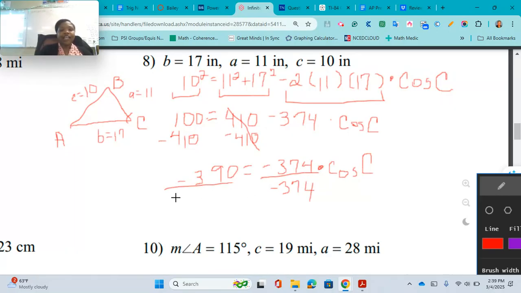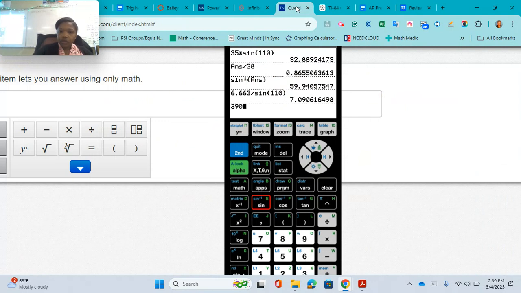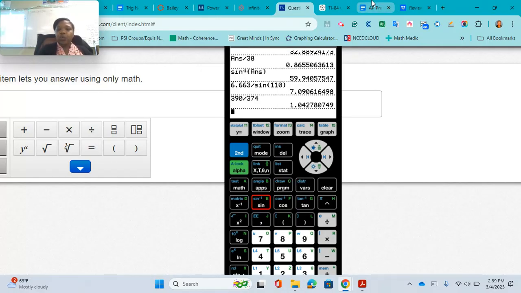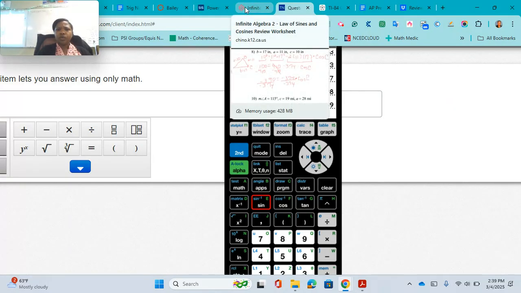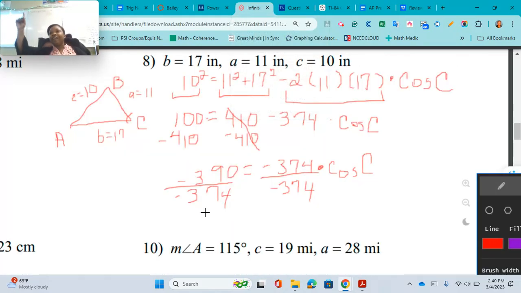We know that a negative divided by a negative is a positive. So all I have to do is put in the 390 divided by 374. And that is 1.042. And get the inverse cosine.